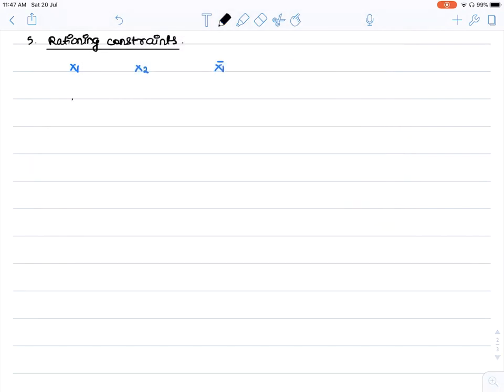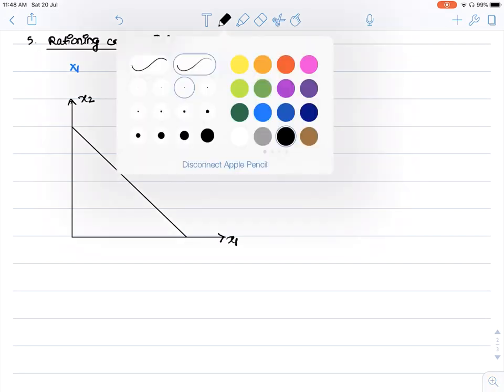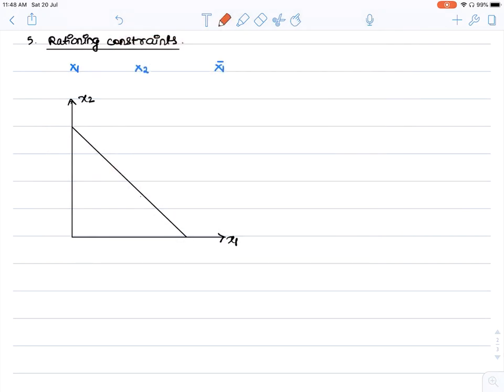Let us draw this also. You have x1 on the horizontal axis and x2 on the vertical axis, right? And you have a budget set like this. What happens in this case is that the government says you cannot buy more than x1 bar of the good.